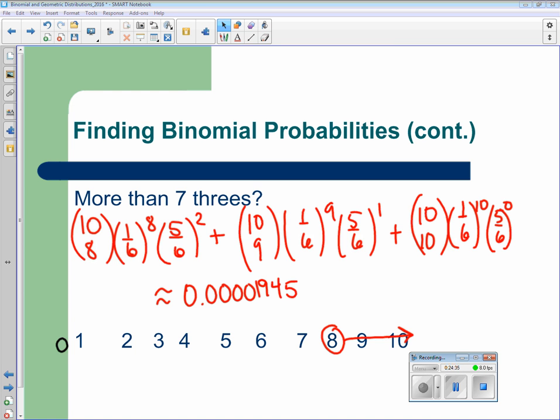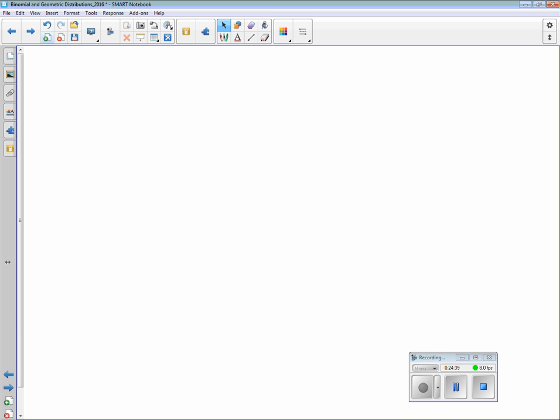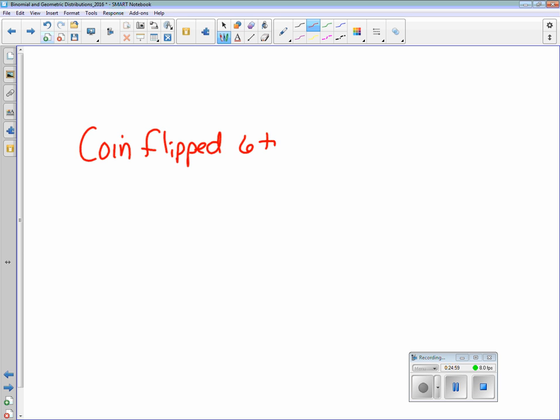So I have a question for you on the classwork you're looking at right now. The first 4 problems, some of you are on to the next group, and that's fine, but can we revisit the first 4 for a minute, where it's talking about a coin being flipped 6 times?